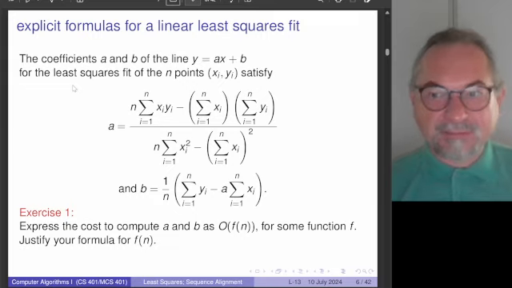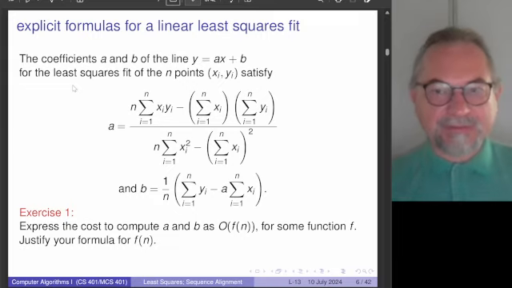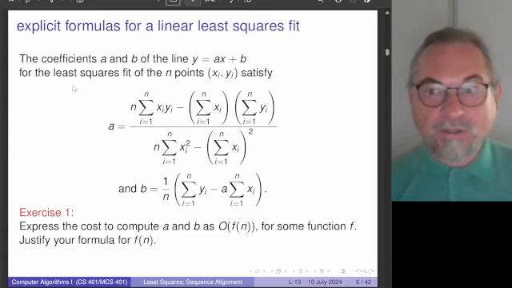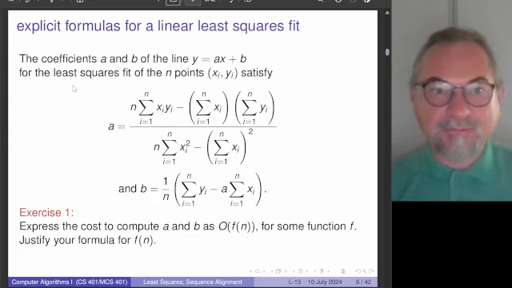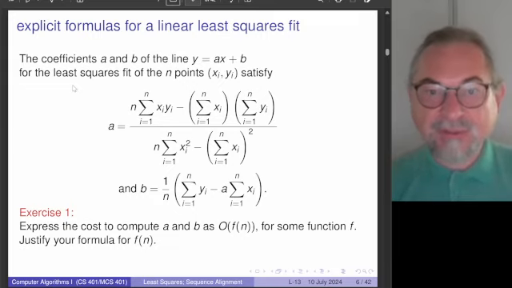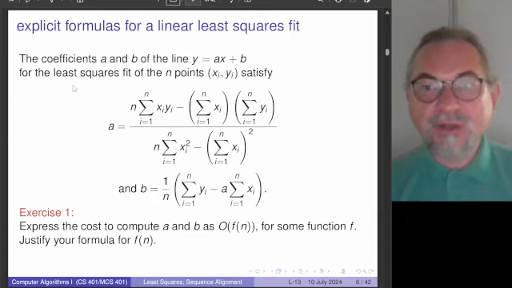But in this algorithms course, we are interested in the costs. And the problem here for the first exercise is: what is the cost of computing one least squares line? As you can guess, it is quadratic in the number of points. But you have to justify your formula.